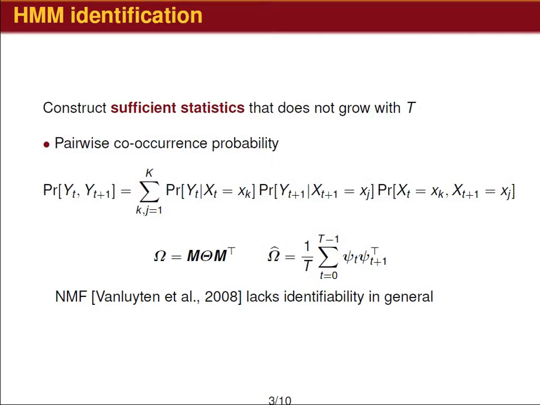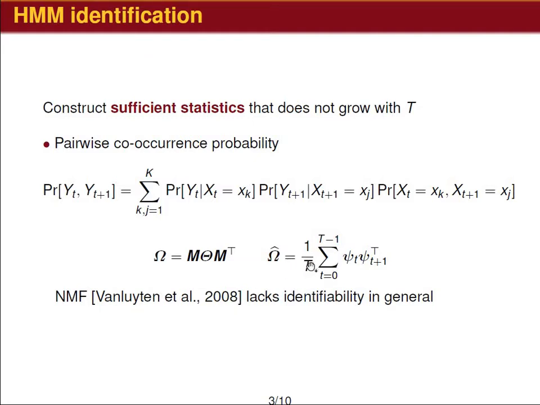The first attempt is to consider pairwise co-occurrence probabilities, which factors into this form, and basically it forms a non-negative matrix factorization, Omega equals M Theta M transpose. Also this probability of yt and yt plus 1 can be easily estimated by just counting the pairwise occurrences and normalizing.